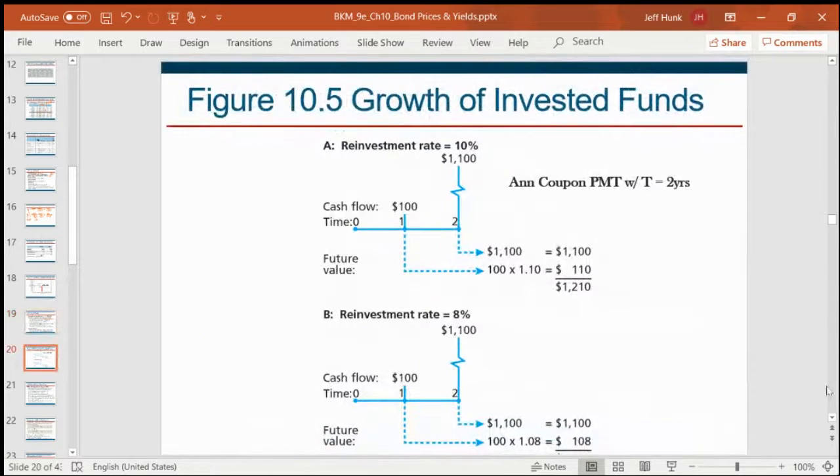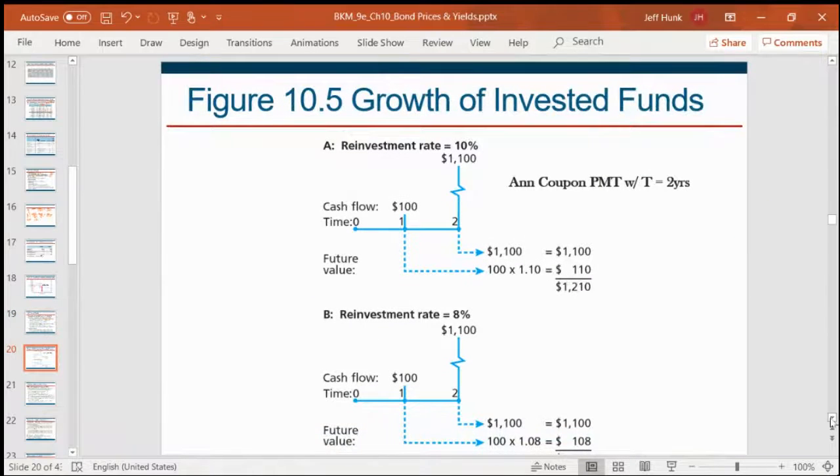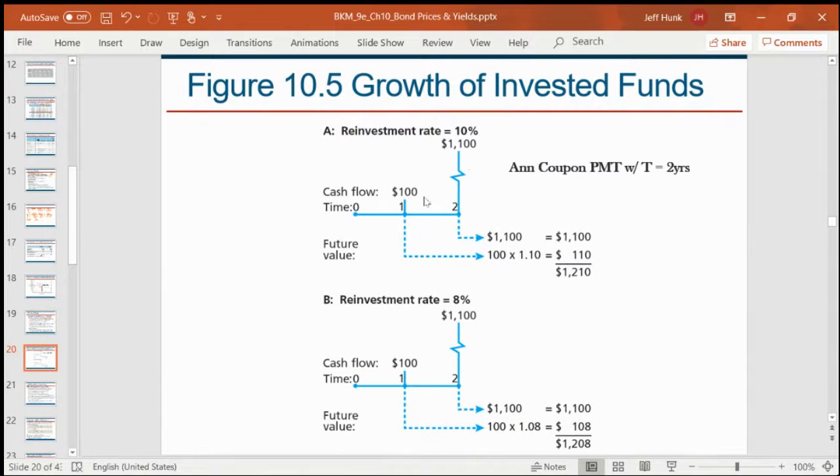So it looks like this. This is what they call horizon analysis. Horizon analysis is analysis of bond returns over a multi-year horizon, because it's more than 1 year. So first, suppose you have one bond, just a single bond, and coupon rate is 10%.